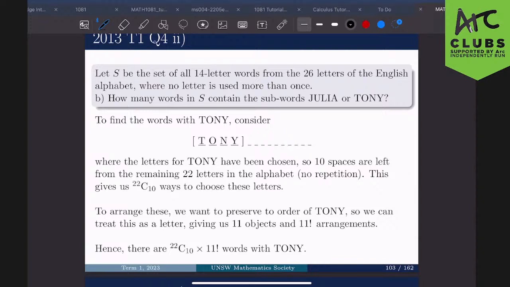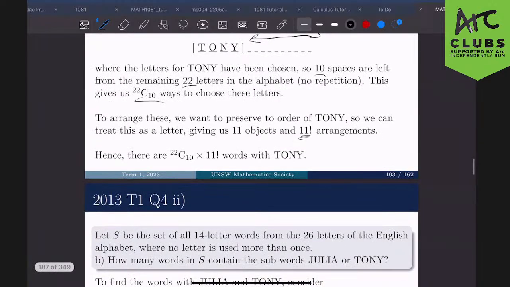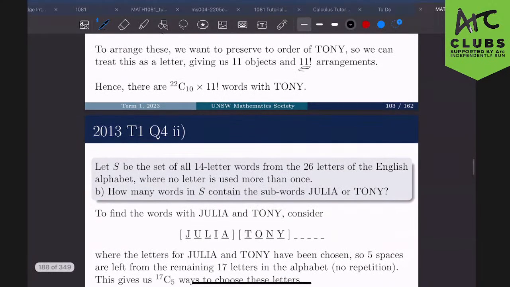Once again, we've used 4 spaces and 4 letters, and then we choose the remaining letters. Then we treat Tony as one object, one letter, and we find all the arrangements, 11 factorial, 10 letters plus this one Tony, and we multiply that together, that's how many words we get.